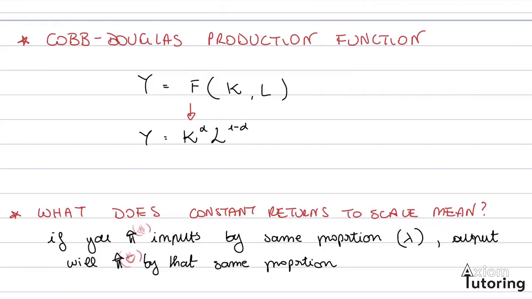A bakery produces cakes, and what we're basically saying with this property is that if we double the number of ovens, which could be capital in our case, and we also double the number of workers dealing with the ovens, so we double the number of bakers as well, we would be able to produce twice as many loaves of bread.